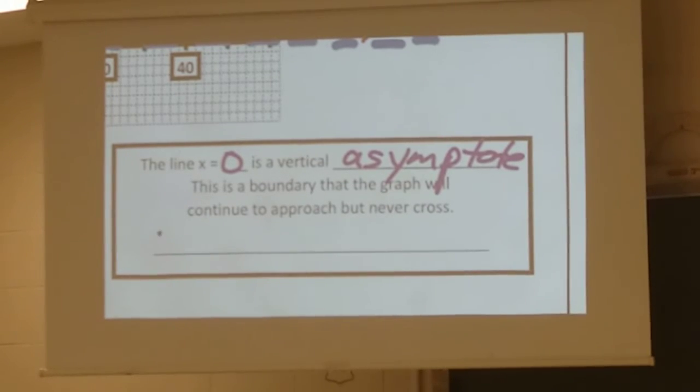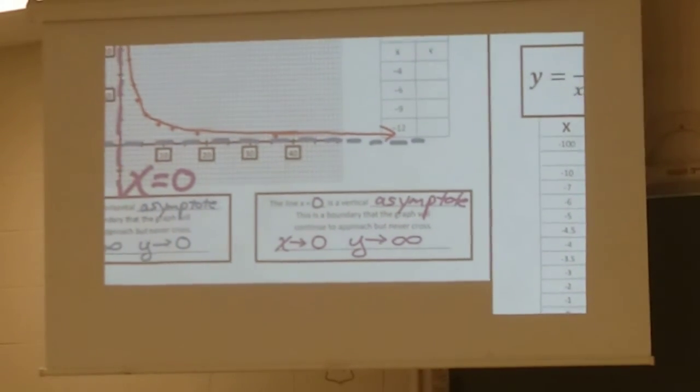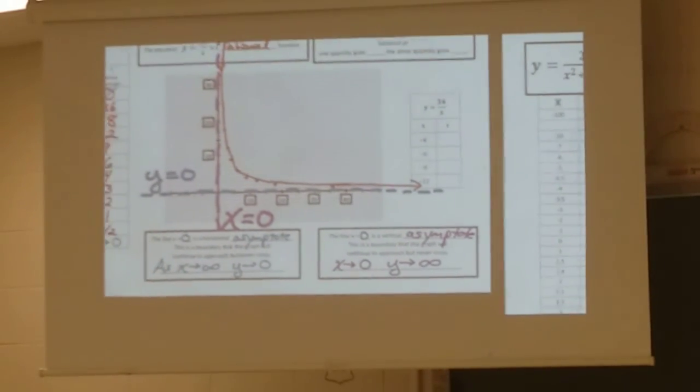That's because as x gets closer to 0, that means the number of students that are getting the chocolate, the y value, that means the number of chocolates they get, is actually going to get very large. It's going to go to infinity. It's sort of the reverse statement, but it's still an asymptote. Again, it's known as a vertical asymptote.